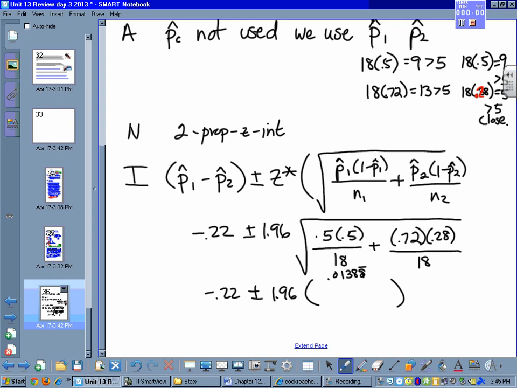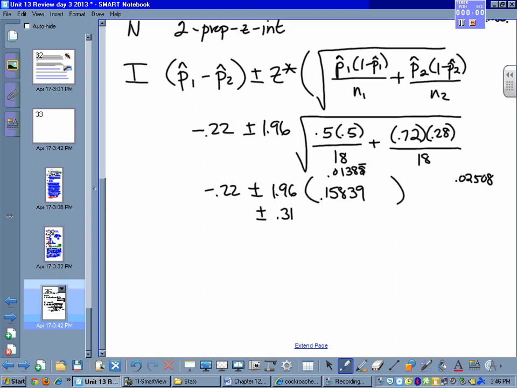And then I get, for the whole thing, 0.02508. And now when I square root all that, I get 0.15839. Take that times 1.96. I'm getting plus or minus 0.3104.